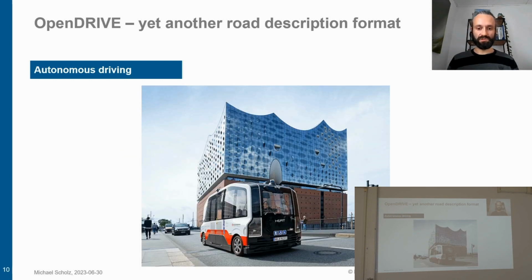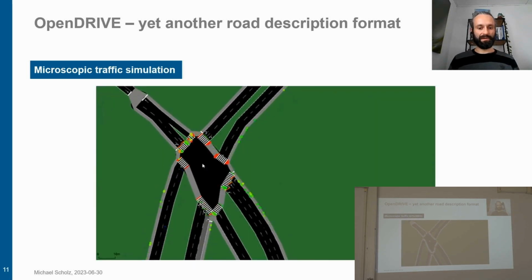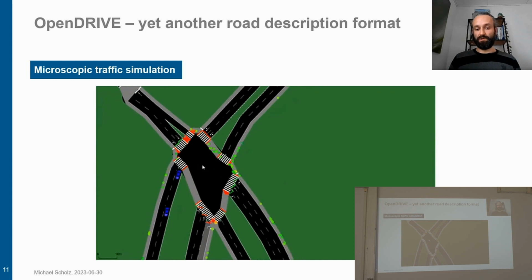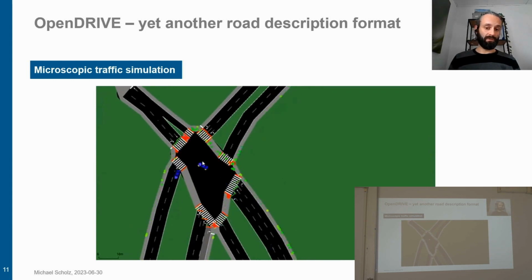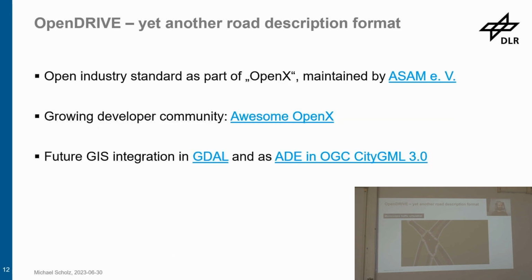And we also use such data for autonomous driving, where, for example, a shuttle is using an HD road-based map to calculate its route on lane level through a city or through an intersection. Another interesting application for OpenDRIVE data is traffic simulations, for example in Sumo, where you require a lane level or lane detailed network for inner cities in order to simulate your traffic behavior.